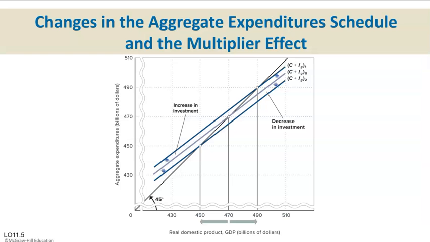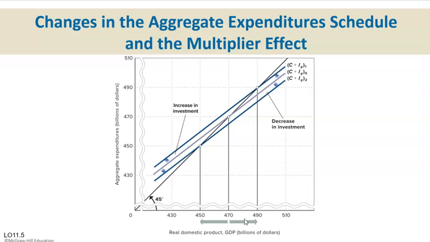Now let's take a quick look at the graph and we will talk about the multiplier effect. So in this graph, notice that it looks very similar to what we did in the last chapter when we were just looking at consumption. On the bottom, this has changed from disposable income to GDP.